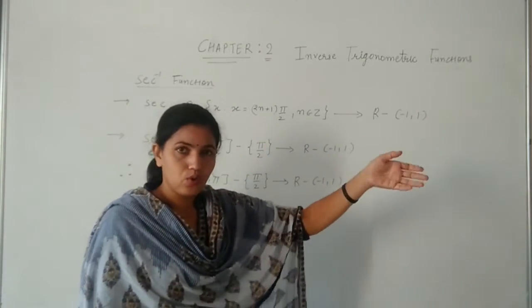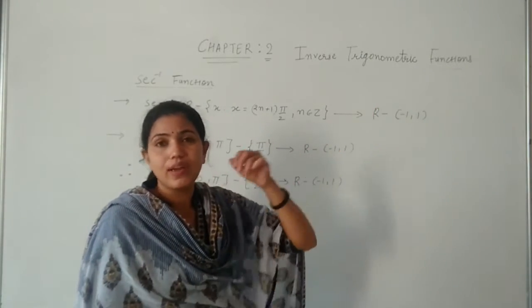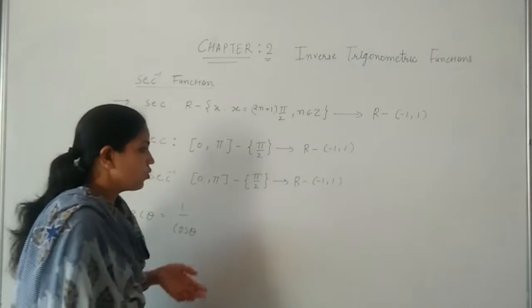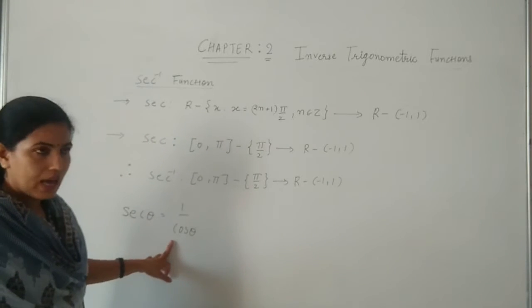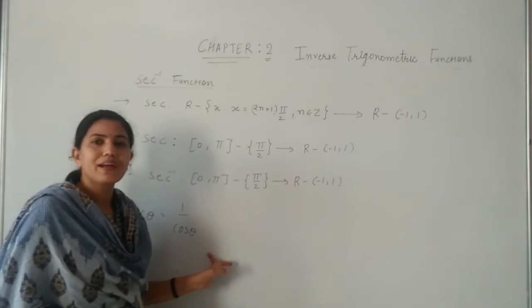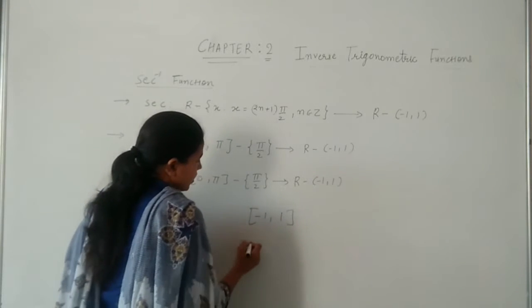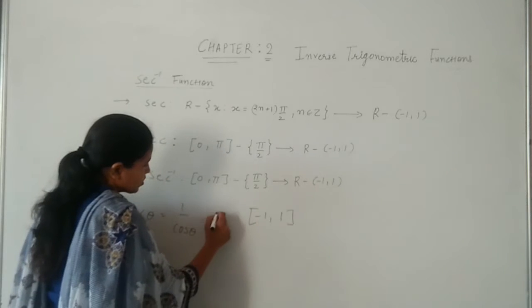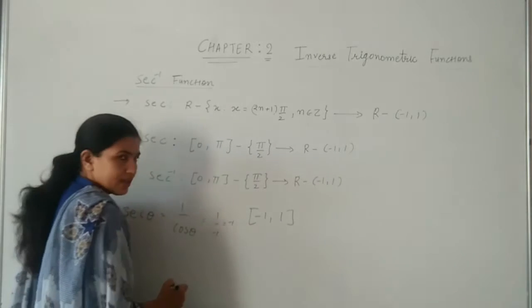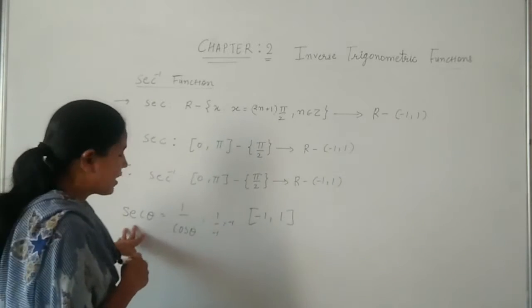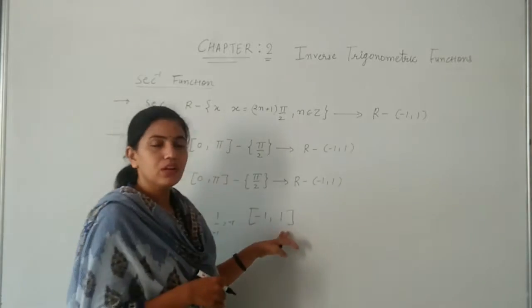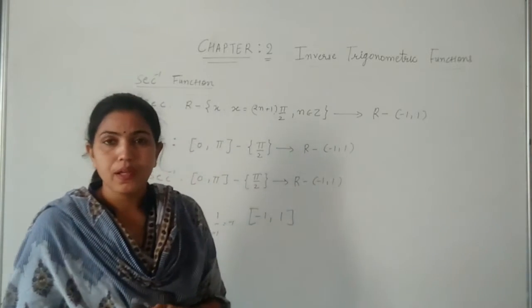Now its range, what values can it take? Its value is 1 upon cos, and as you know the cos value is in the closed interval -1 to 1. So when cos is -1, sec will be -1. Similarly, 1 is also a value of sec.